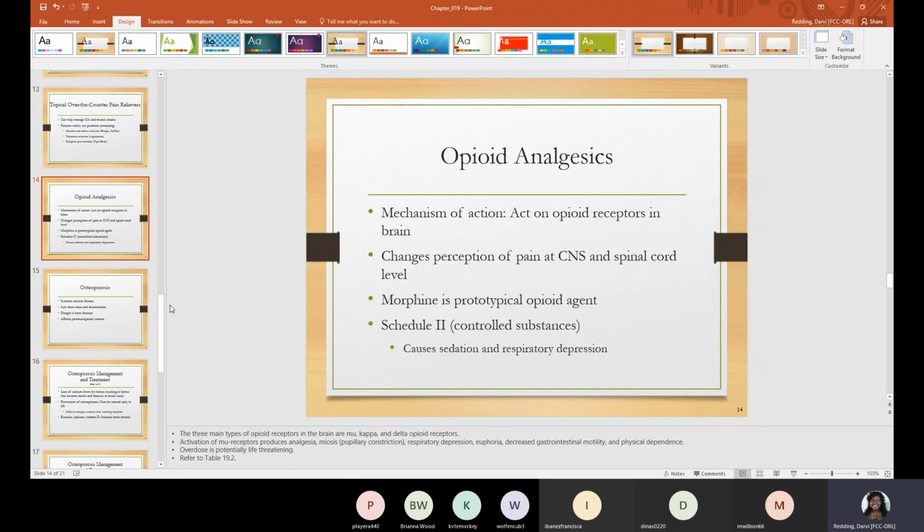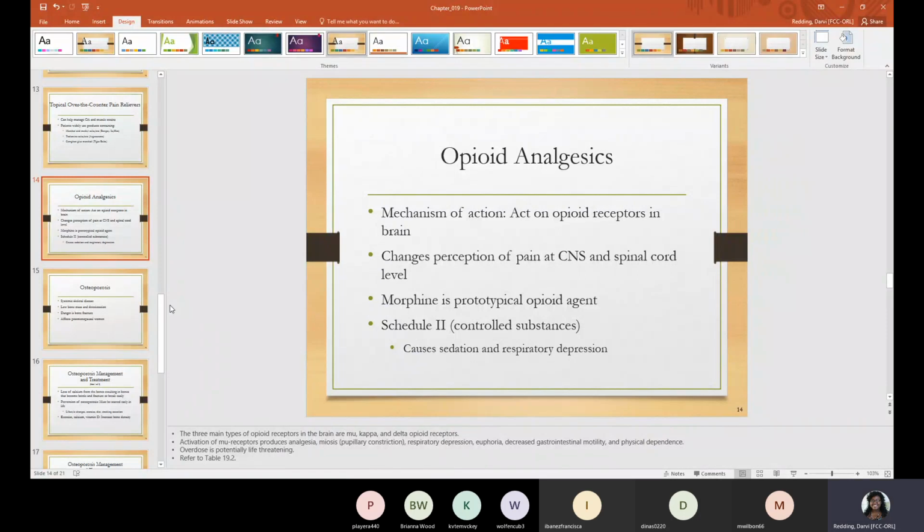When it comes to the opioid analgesics, the reason why they are under a Schedule 2 controlled substance is because they're the highest form of abuse. So if a person overdoses on it, it's potentially life-threatening. And there are certain rules associated when a prescriber even prescribes an opioid analgesic. You'll learn more and more about that as you continue in your pharmacy technician education.